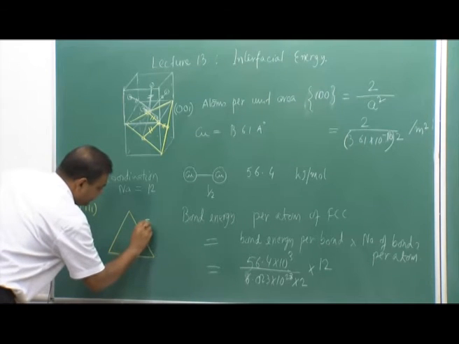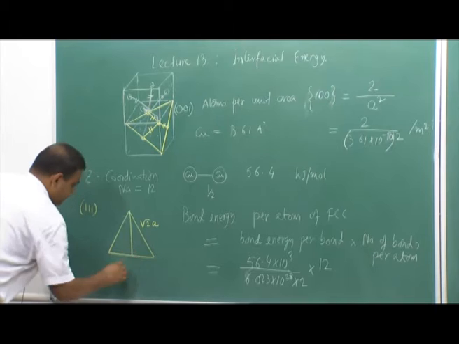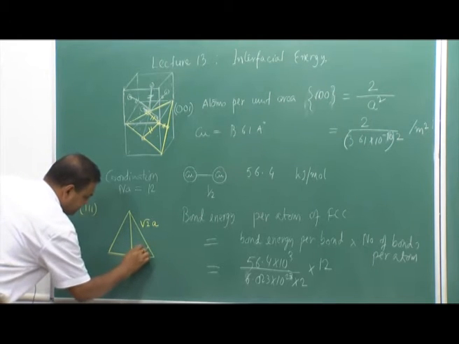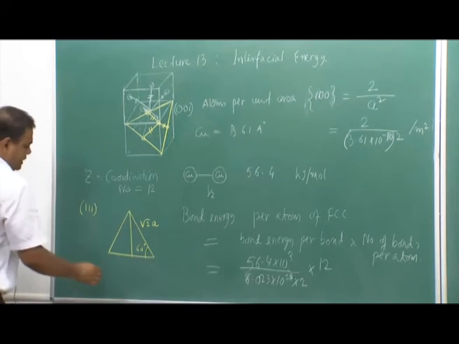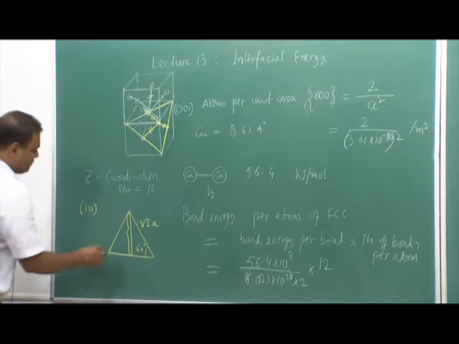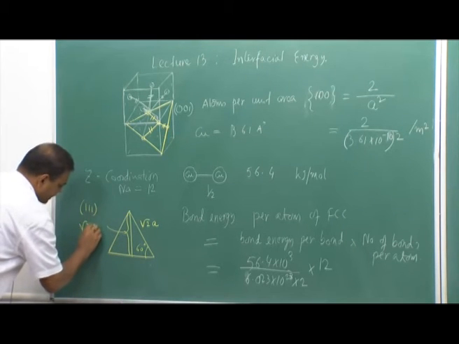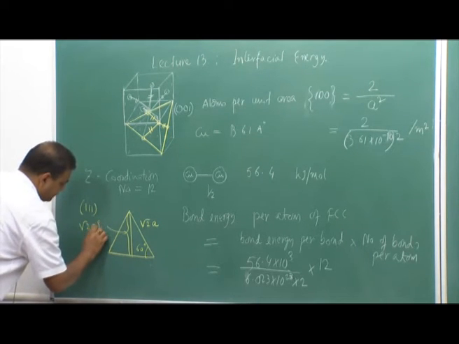So, this value becomes root 2a, and you would see that this is 60 degree, and then this length would become root 2a sine 60.